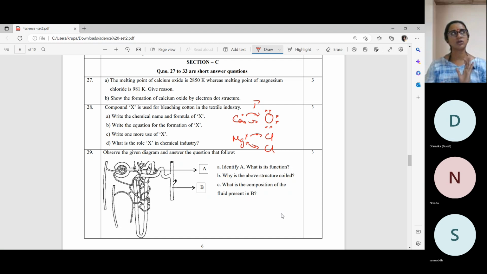So I would not award marks for writing about electronegativity here, because while chlorine is definitely electronegative, its electronegative character is highlighted only when it is in a covalent bond.